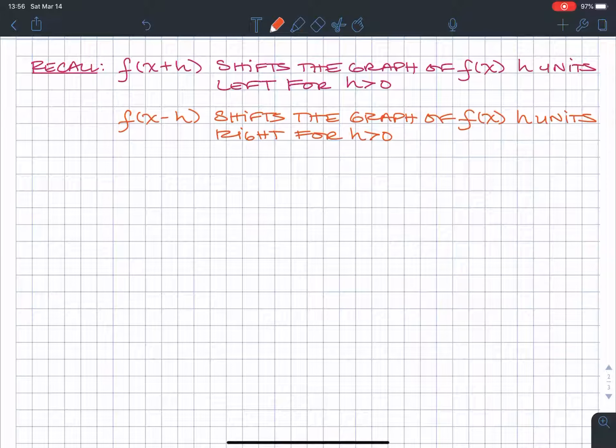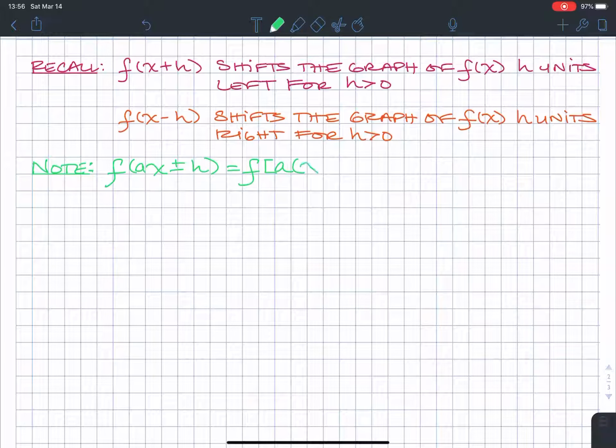Okay, so let's note one thing before we begin with this one. We have to do something interesting here. If I have f of ax plus or minus h, so a coefficient on x, in order to find the horizontal translation, we want to factor out the coefficient of x.